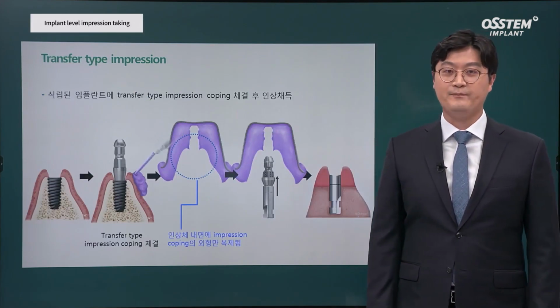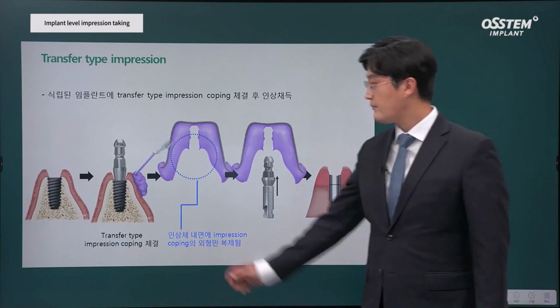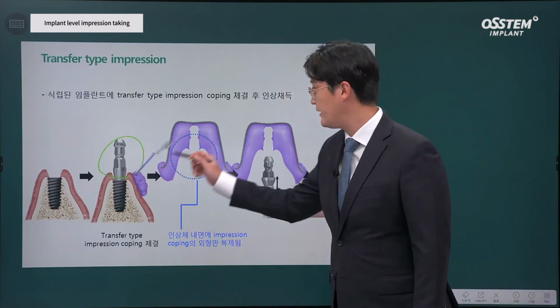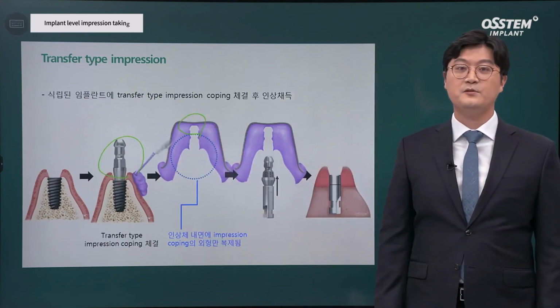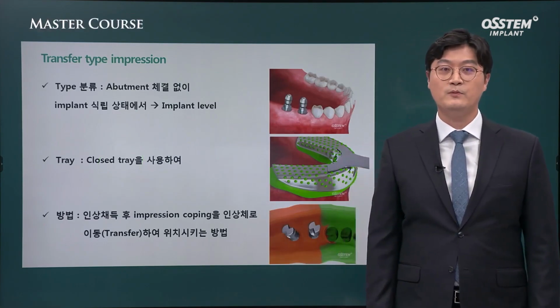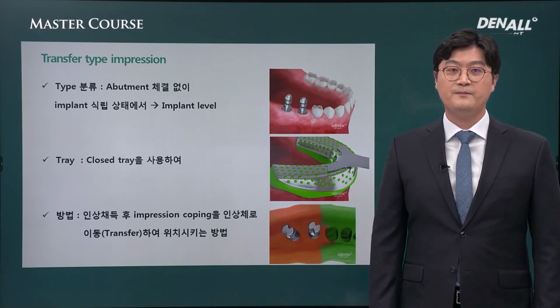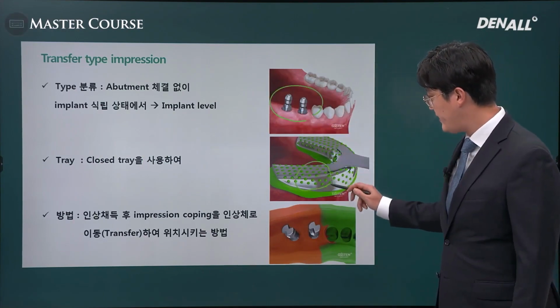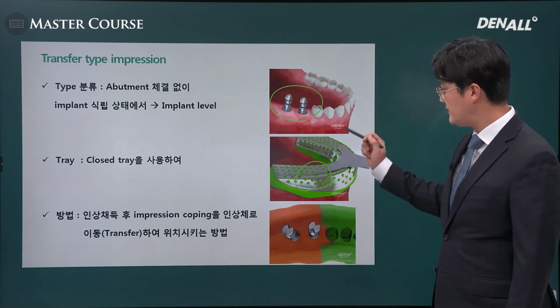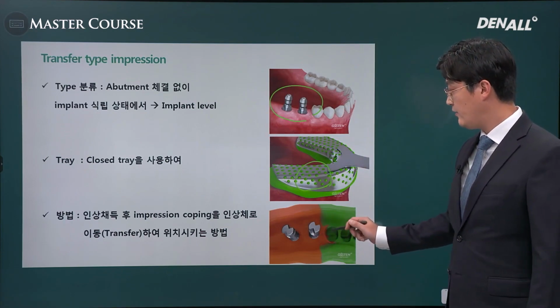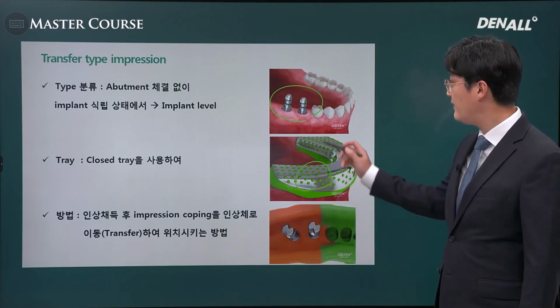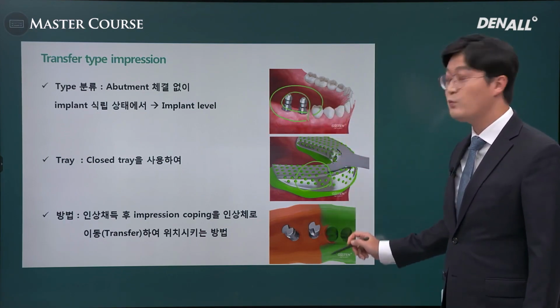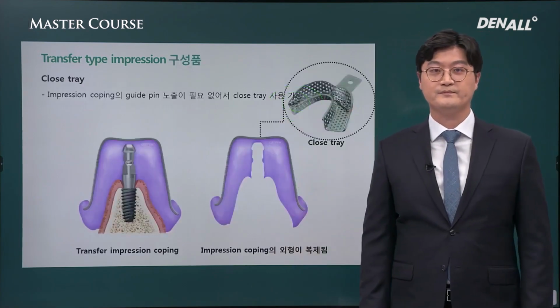Second, transfer type impression. Impression is taken using the transfer impression coping with the closed tray. So, actually, in the mouth, with the closed tray, when impression material is removed, the forms remain, so transfer impression copings need to be inserted in there.